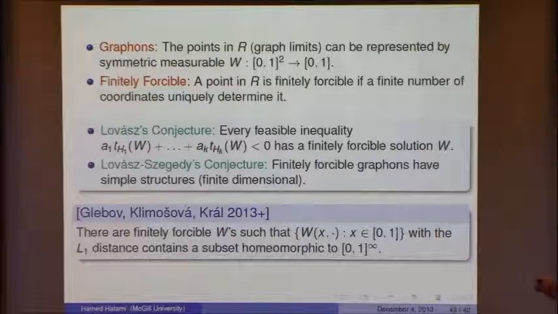The only positive result one knows, again due to Lovász and Szegedy, is that the set of finitely forcible graphons is a first category set, a countable union of nowhere dense sets. So it's very sparse compared to the set of all graphons, but no really explicit structures now. I'll stop here.